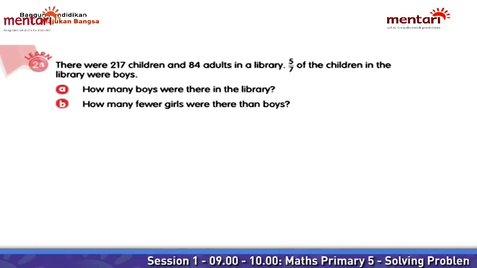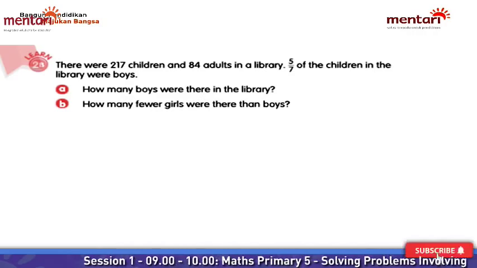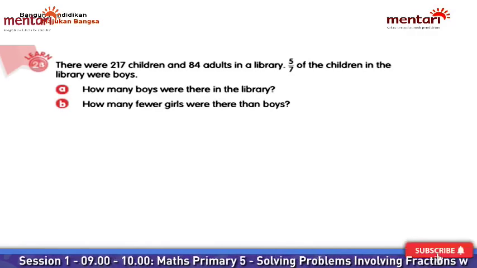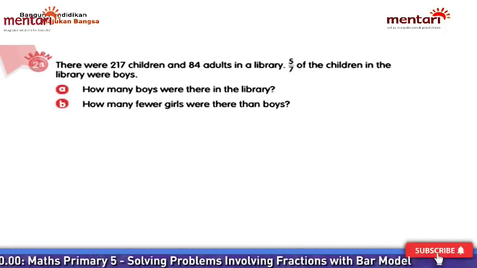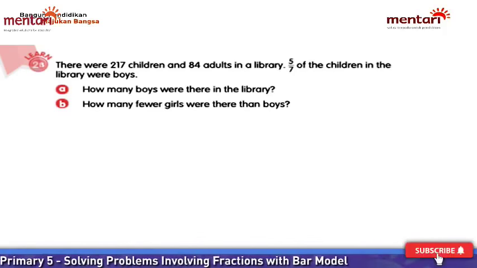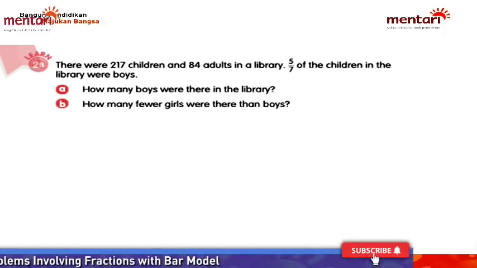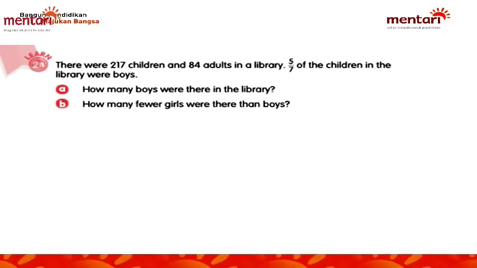There were 217 children and 84 adults in a library. 57 of the children in the library were boys. How many boys were there in the library? How many fewer girls were there?